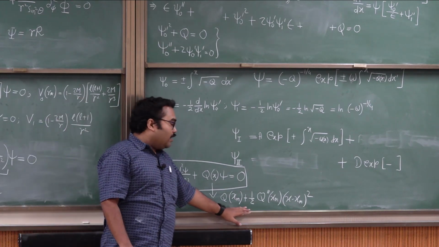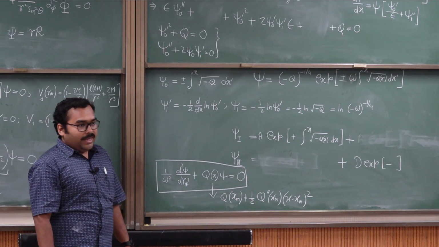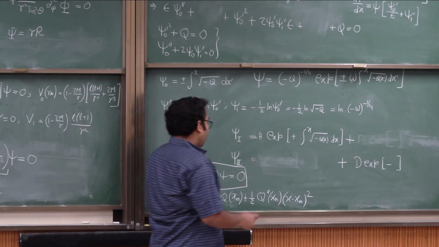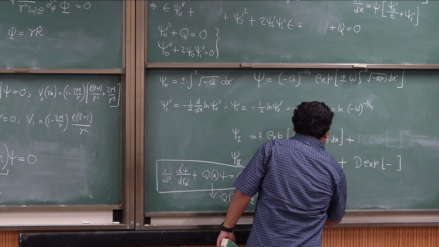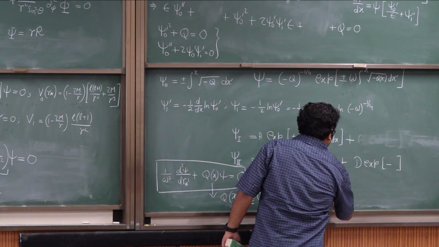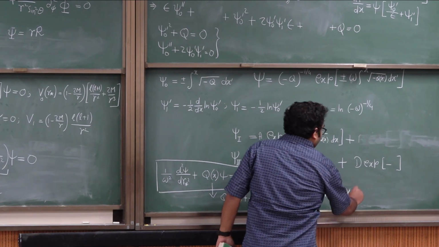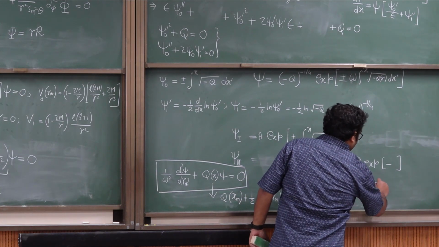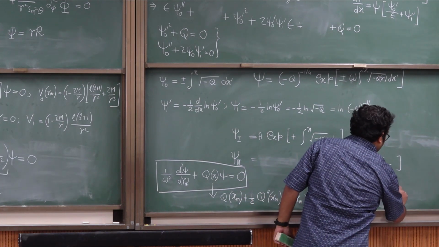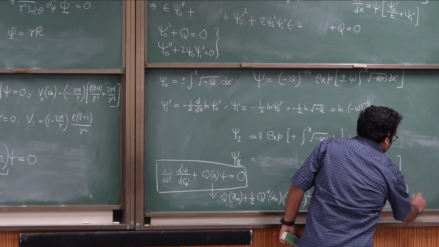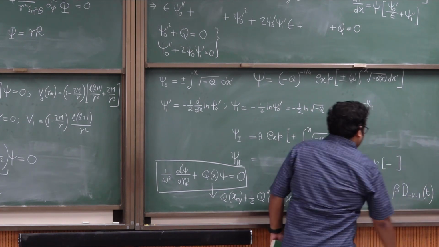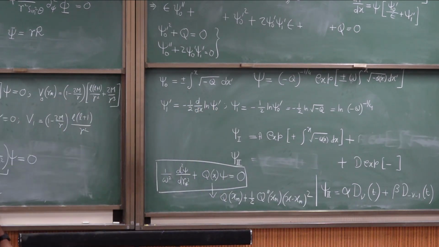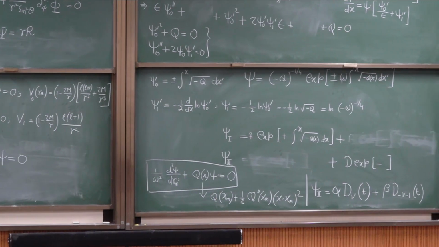So this is like a quadratic potential, and you can solve this equation. You can try it out at home, and the solution is psi 2, which is some alpha D nu of t plus beta D nu minus 1 of t, where these D's are known as the parabolic cylinder functions.